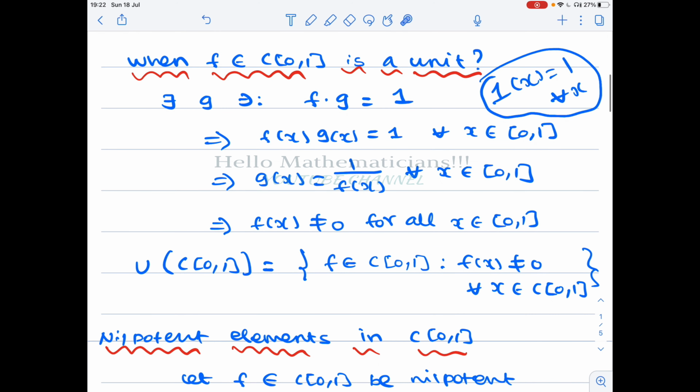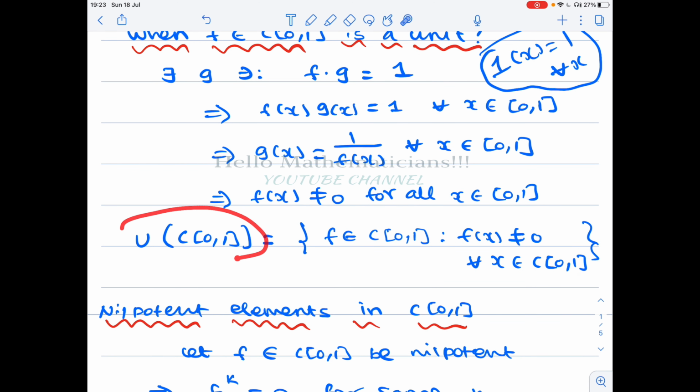Now what is g(x)? We get g(x) equals 1 by f(x) for all x in [0,1]. But this 1 by f(x) need not be defined. If f takes the value 0 at some point, then g(x) is not defined at that point. Therefore, if f(x) is not equal to 0 for all x in [0,1], then g(x) is well defined.